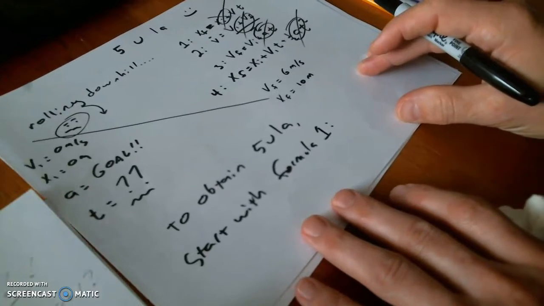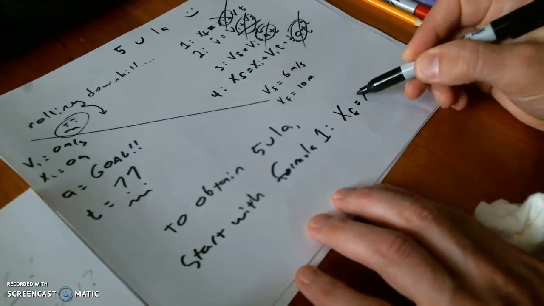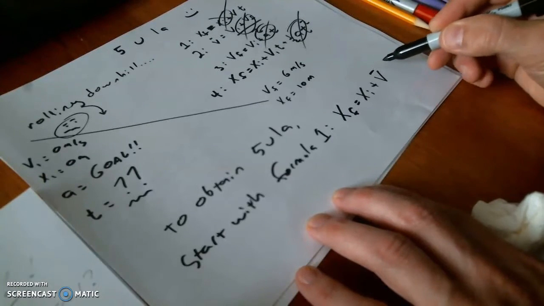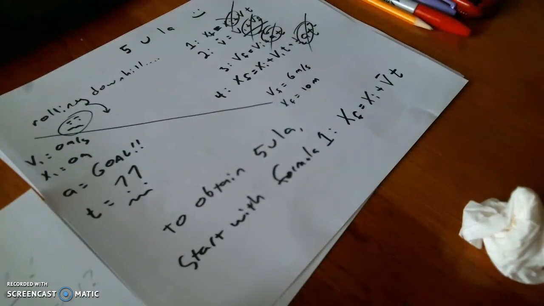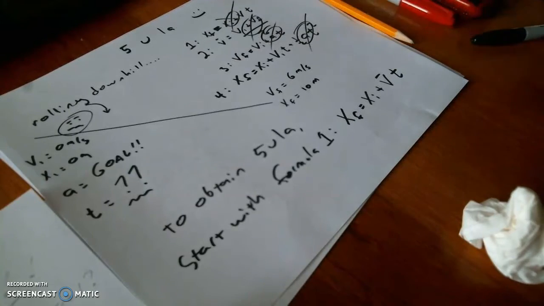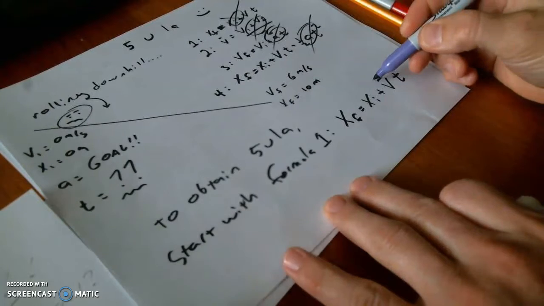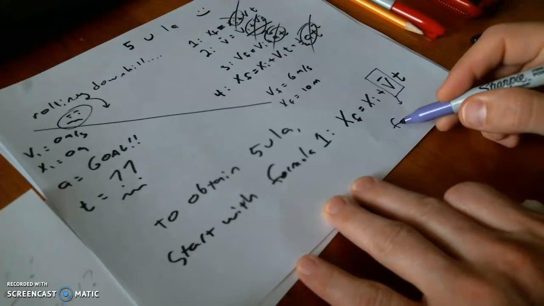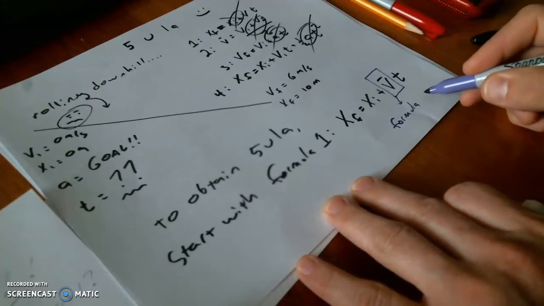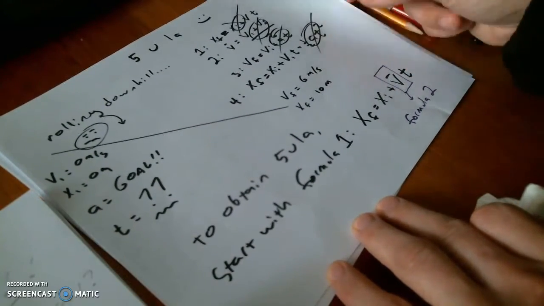Which you know, because I just rewrote it for you, is XF is equal to XI plus VT. And I'm going to do the same thing I did before. When I obtained formula 4, what I did was I took this V and I put formula 2 there.